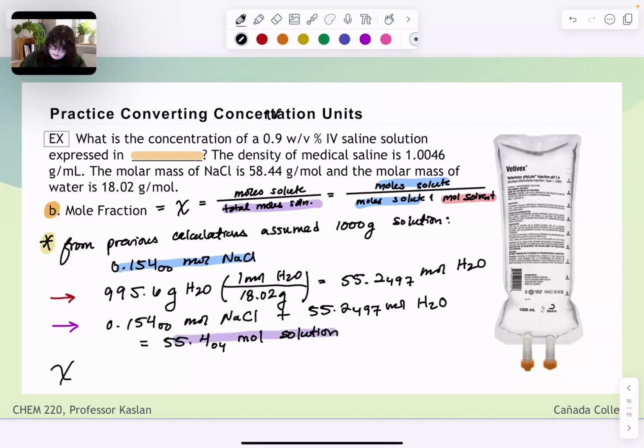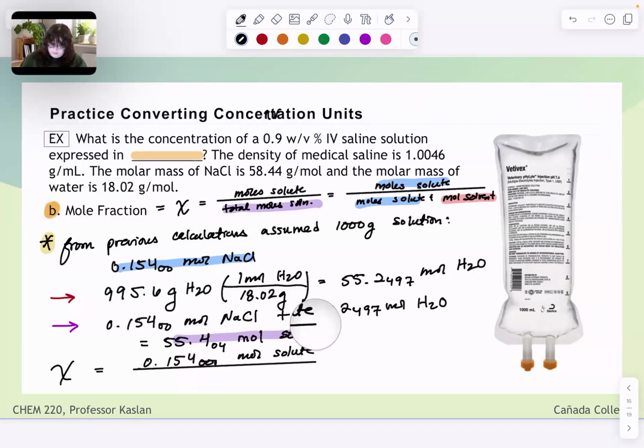Which means that our mole fraction is going to be our moles of solute, 0.15400 moles of solute, over the total moles of solution, 55.404 moles of solution.